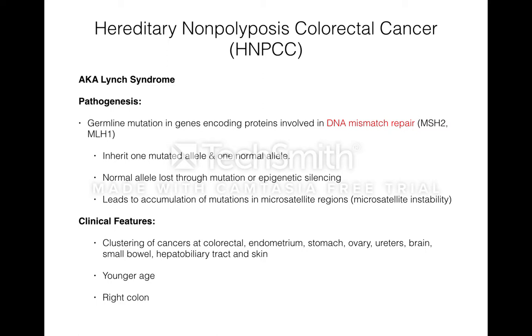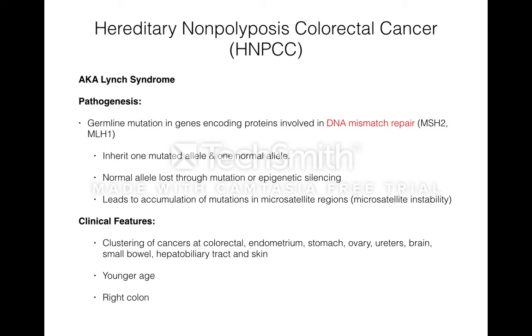As such, patients can present with multiple cancers, including colorectal, endometrial, stomach, ovarian, ureters, brain, small bowel, hepatobiliary tract, and skin. They also tend to present at a younger age than those with sporadic cancer, but older than those with FAP.